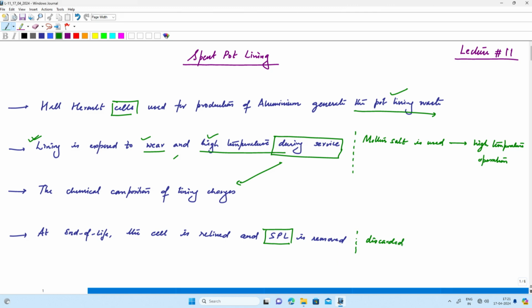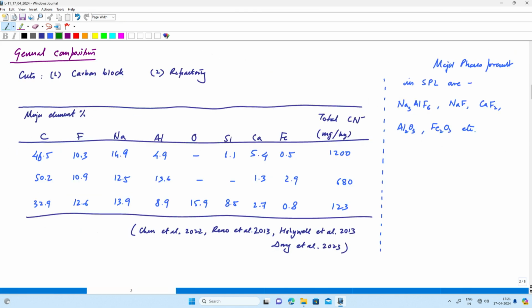So, now comes the challenge of recycling the discarded SPL. We will first begin by understanding the chemical composition of the spent pot lining.